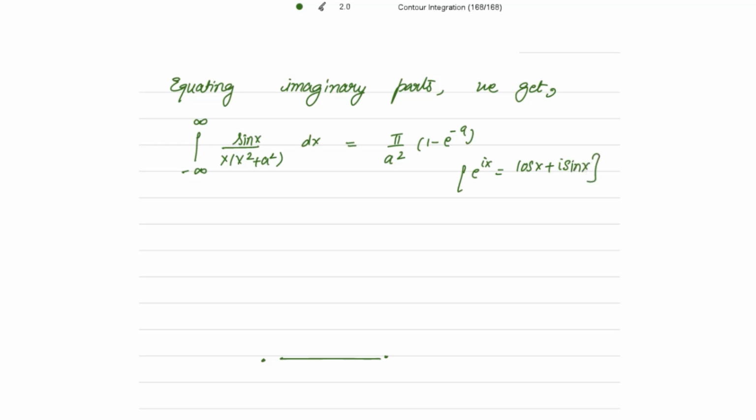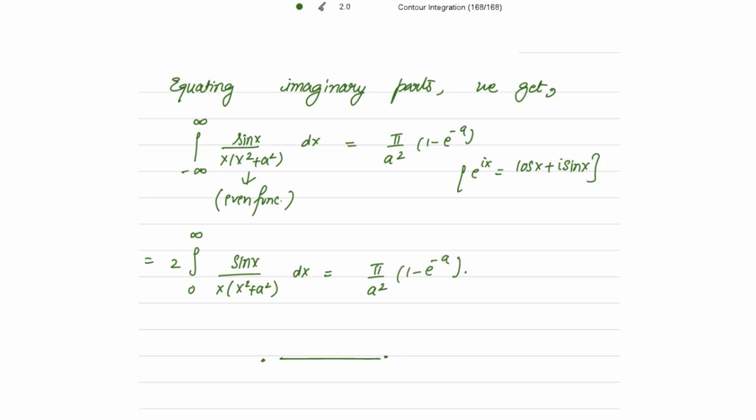And because this is an even function, the integral will be changed to twice the integral from 0 to infinity of sine of x over x into x square plus a square dx, is equal to pi over a square times 1 minus e to the power negative a.